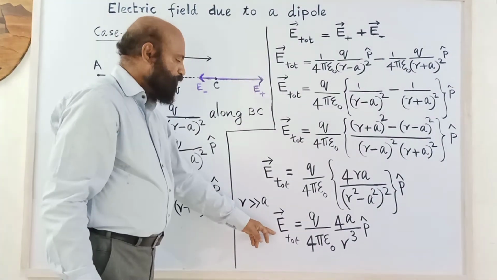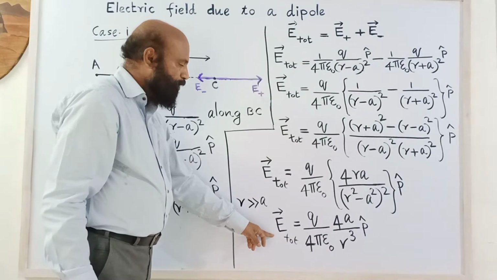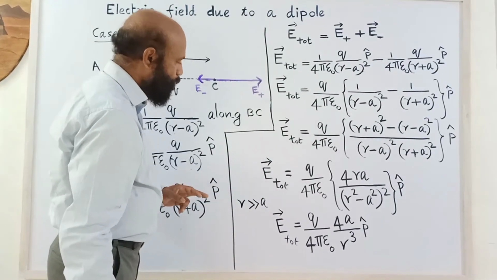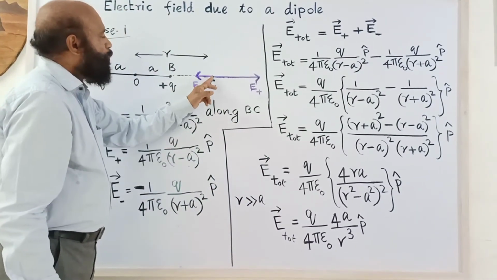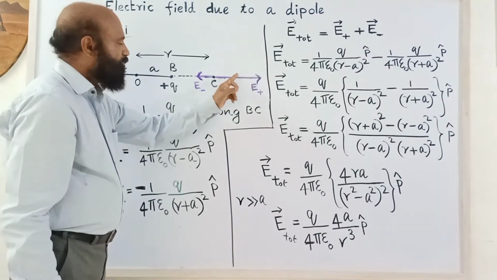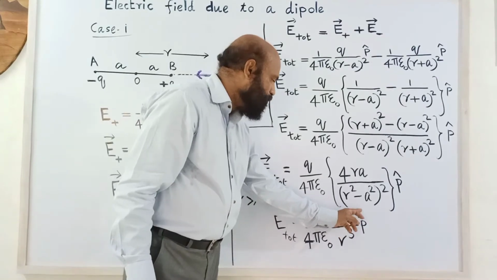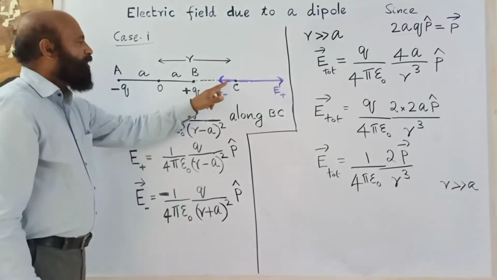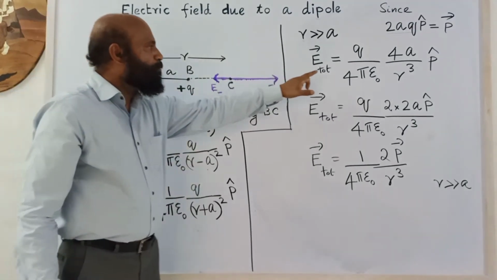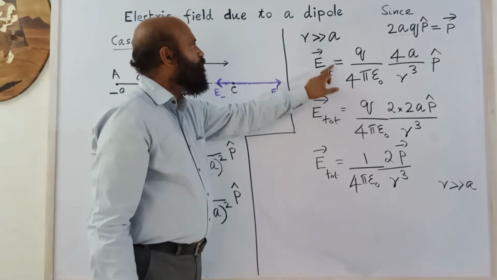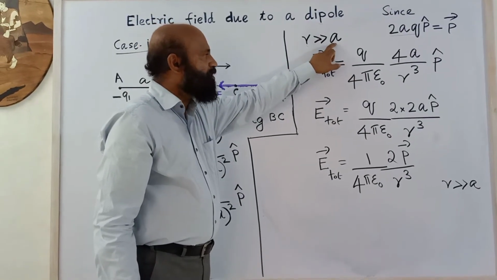So this is the expression for the total electric field at a point due to an electric dipole when the point is away on the axial line and its direction is given by P cap. Electric field at this point is given by this expression when r is very much greater than a.